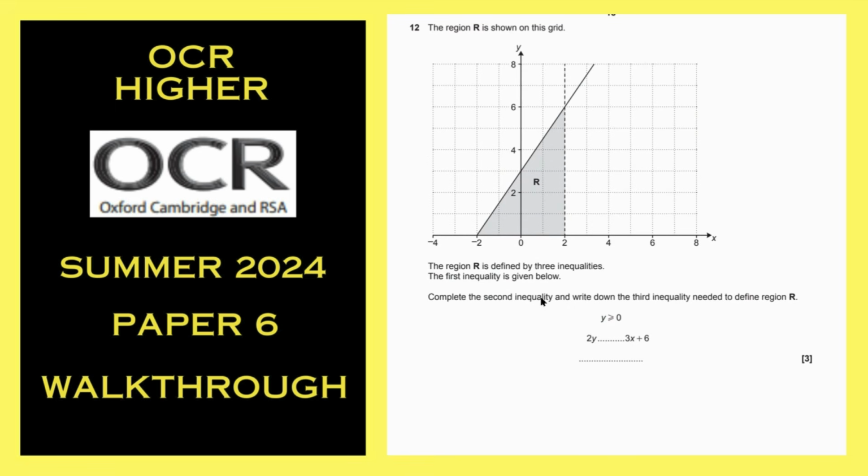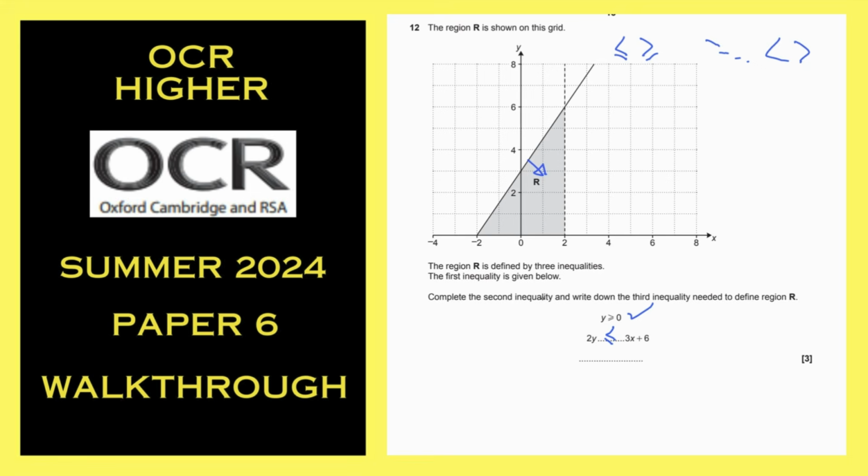Number 12. Solid lines will always have the equals part on the inequalities. Dotted lines don't. Be careful with that. You've already been told one of them. We've got this other line, 2x something. It's below. So we need the y, the height, to be under, but because it's a solid line, should be equals.